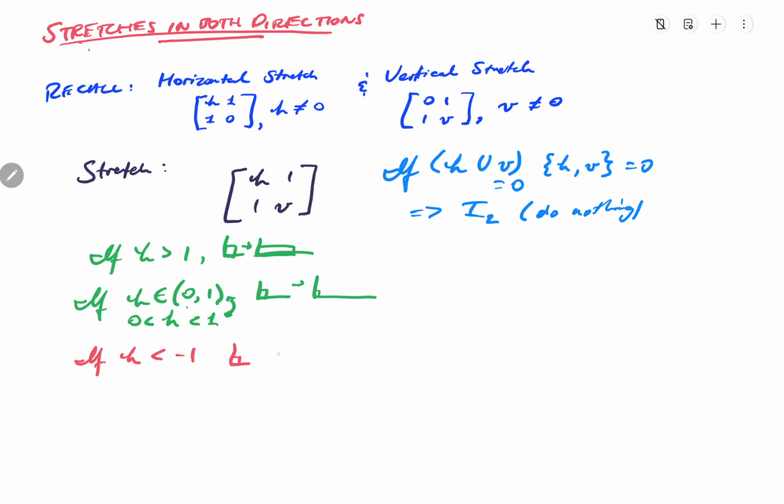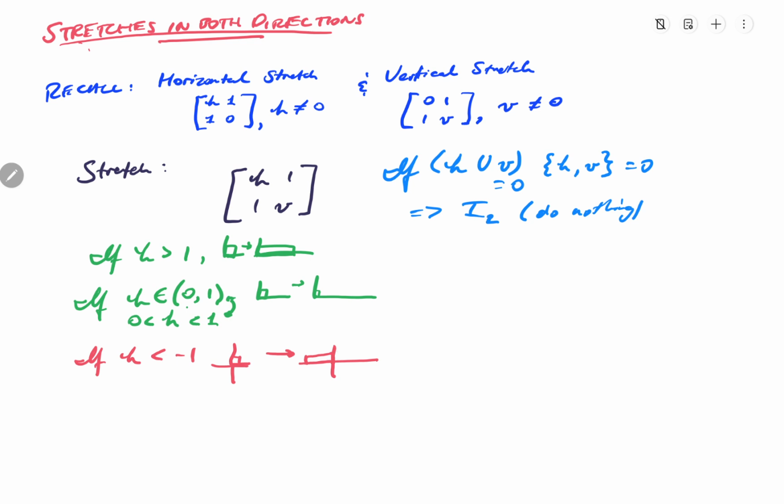We would get a longer rectangle once more. However, it will be reflected in the y-axis, so horizontally. A horizontal reflection is a reflection in our y-axis here. Let's draw the full axis. So this would give us an extended rectangle horizontally, but also reflected horizontally.